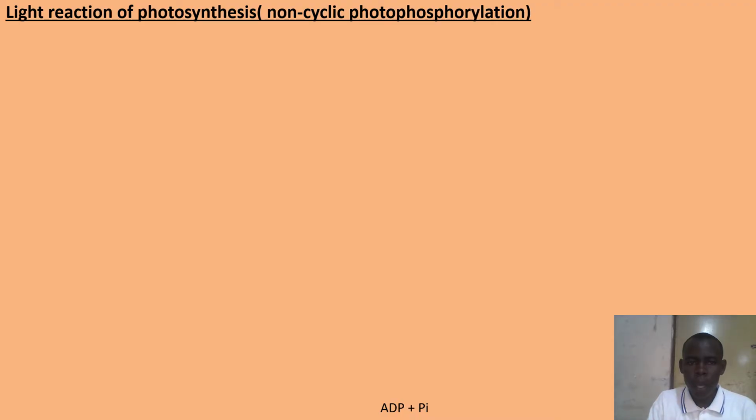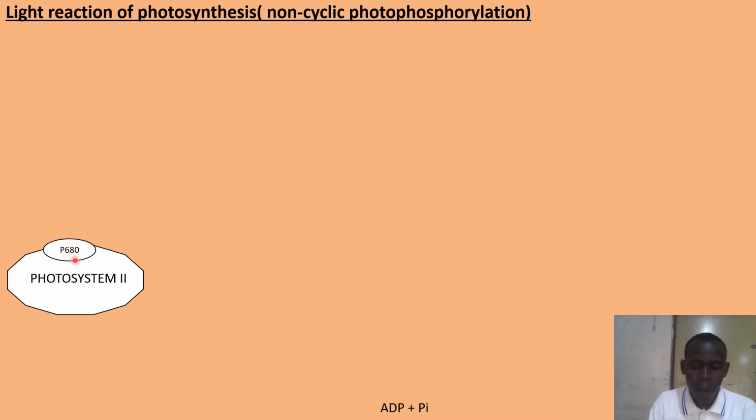Let us look here at the light reaction of photosynthesis, or non-cyclic photophosphorylation. Within the membranes of the thylakoids, we have photosystems: photosystem 1 and photosystem 2. Within these photosystems, we have the reaction centers.